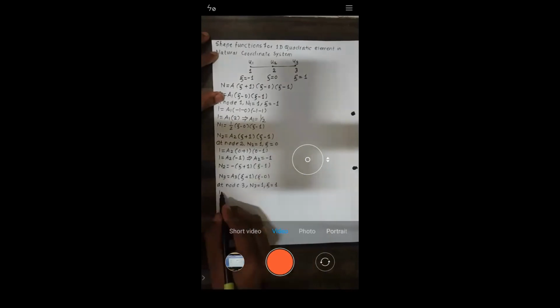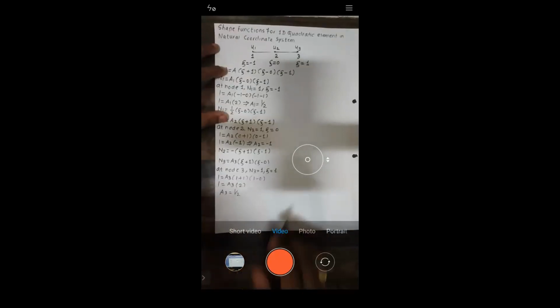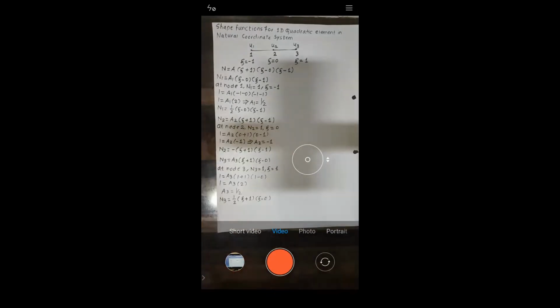So 1 is equal to A3 into (1 plus 1) and (1 minus 0). 1 plus 1 is 2, 2 into 1 is 2 again. So A3 you will get as half. If you put this value into the equation of N3, you will get 1 by 2, (zeta plus 1) and (zeta minus 0). Have you understood this? Let me know.